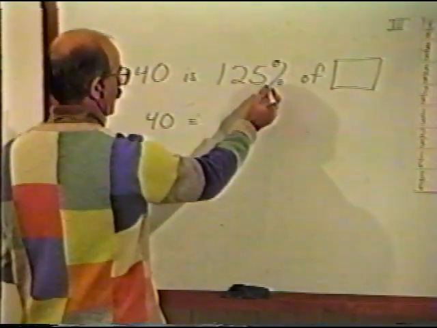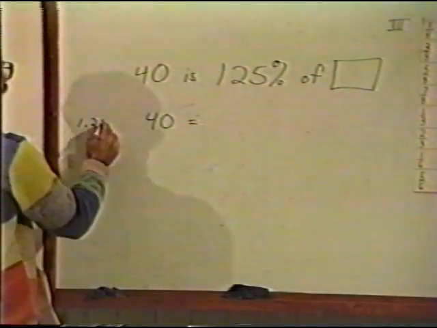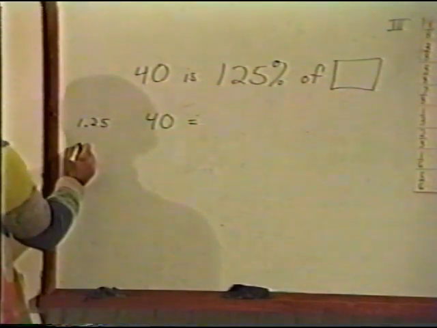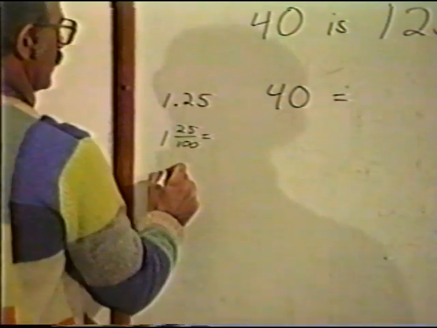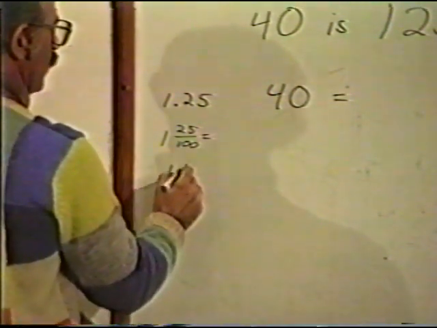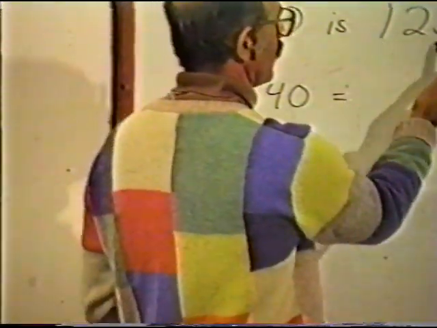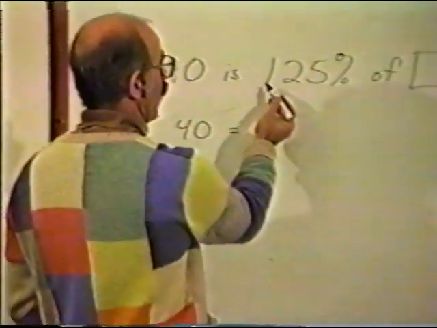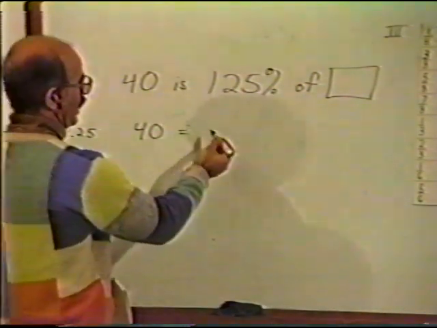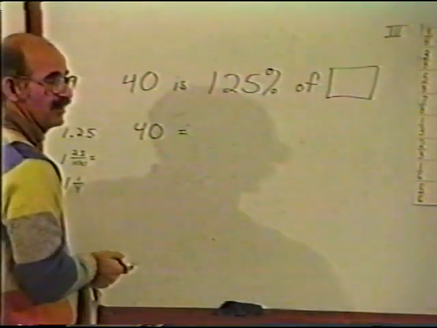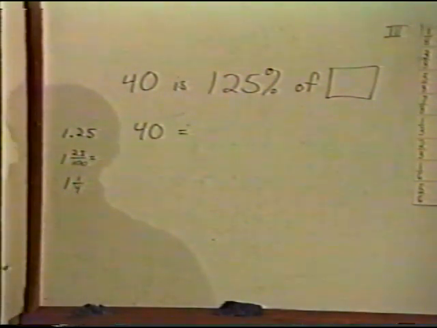Move the decimal point back 2 places and you get 1.25. Read that number. 125 hundredths, which reduces to 1 and 1/4. Perhaps you could see just by looking at 125% that the 100% comes from 1 and the 25% is 1/4, and then you could get the 1 and 1/4 right away.